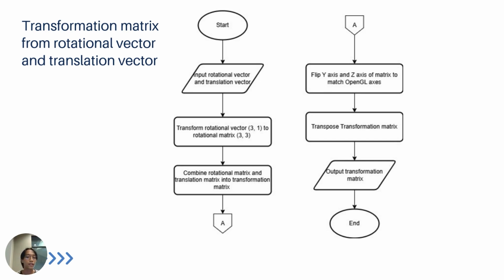Then, the rotational matrix and the translation matrix will be combined into the transformation matrix with the shape 4 by 4. Then, so that the dimensions of OpenCV match the OpenGL dimensions, the y-axis and the z-axis are flipped. Lastly, the transformation matrix will be transposed and then output.